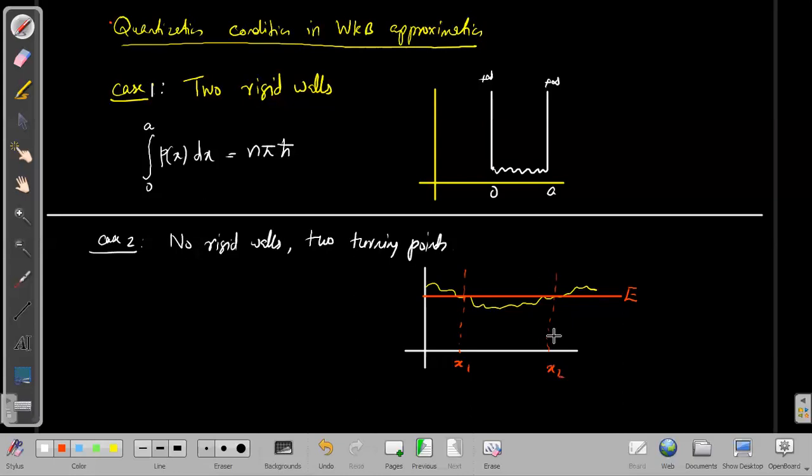X1, X2. Okay, so if there is no rigid wall but there are two turning points, then the condition would be integral x1 to x2 p of x prime dx prime becomes n plus half times pi h cross.